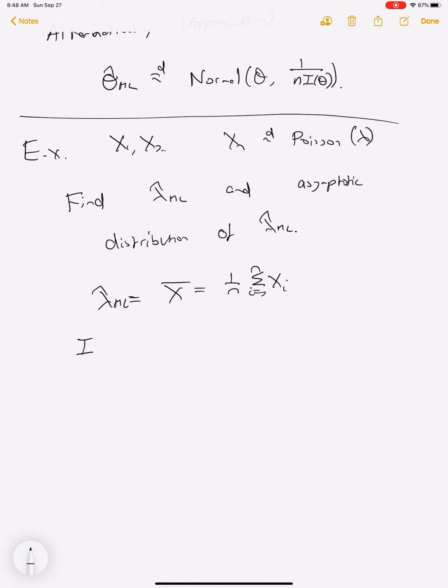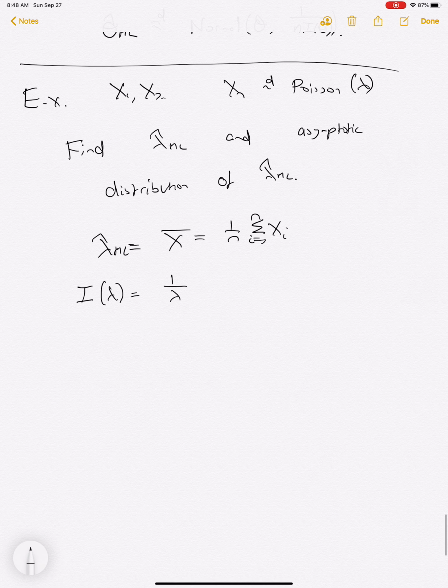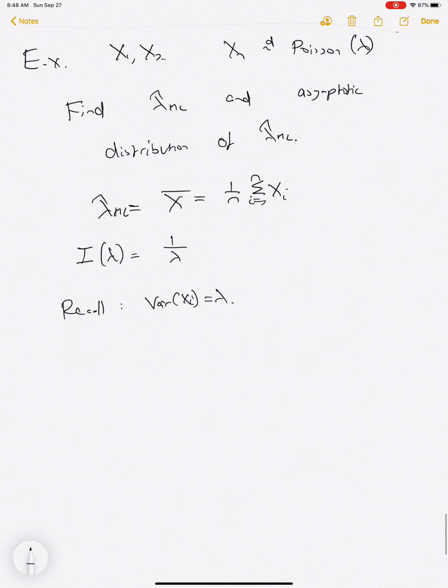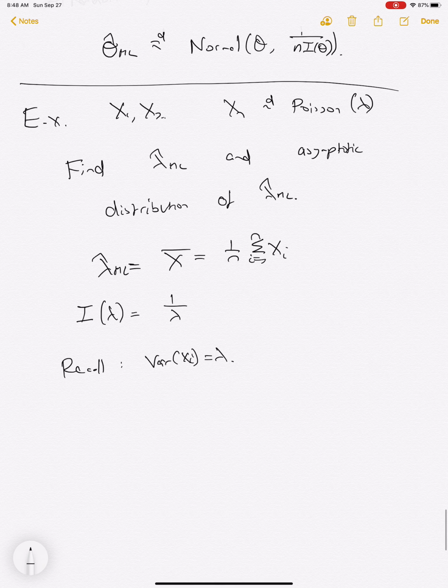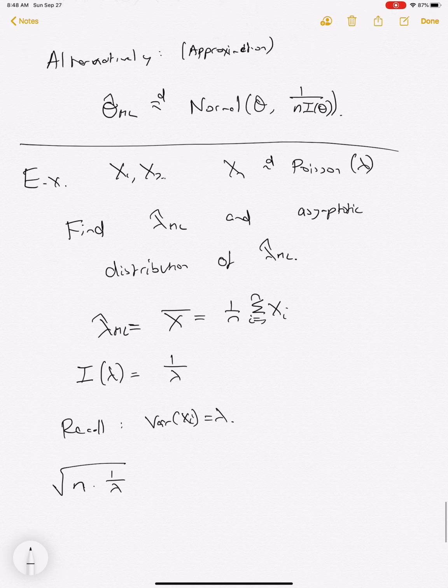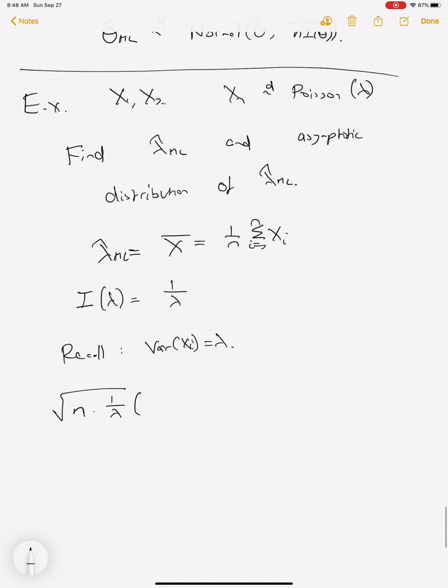So then recall that I of lambda, the Fisher information, was 1 over lambda. And the other thing to note is recall that the variance of xi here is lambda. So what we potentially learned from before was that square root of n times 1 over lambda, and then x bar minus lambda converges to normal 0, 1.